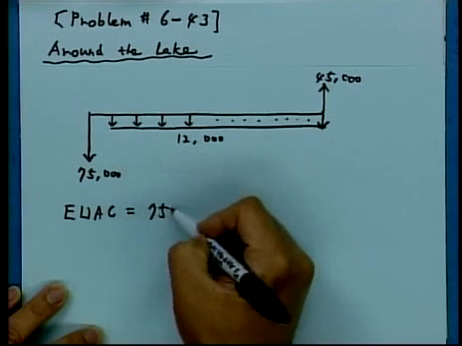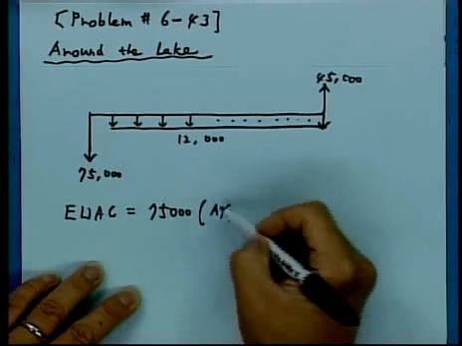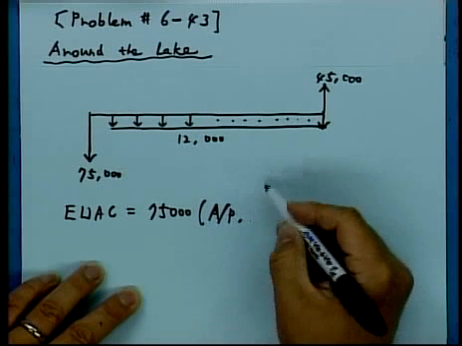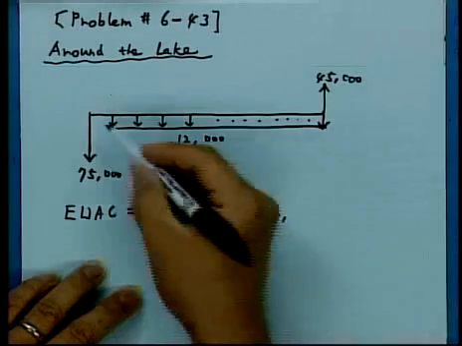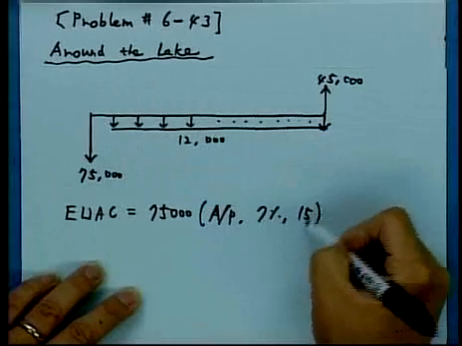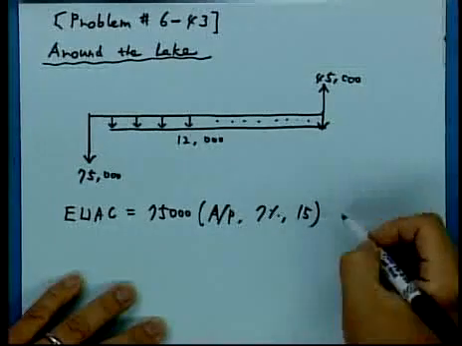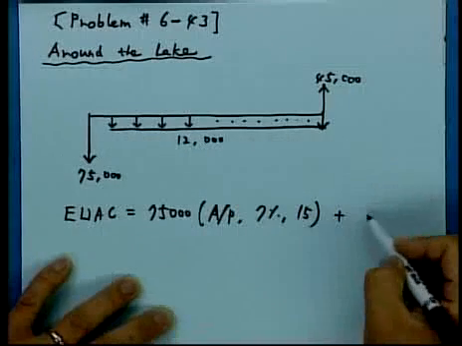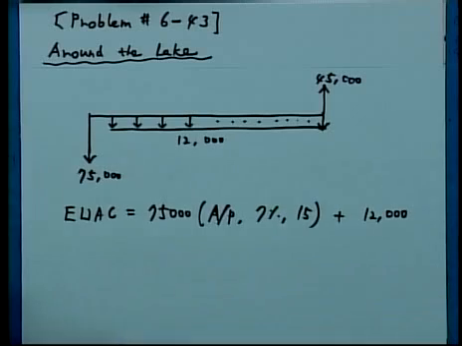So 75,000 times A given P, 7% over 15 years, plus uniform annual cost of $12,000. So simply add this number.